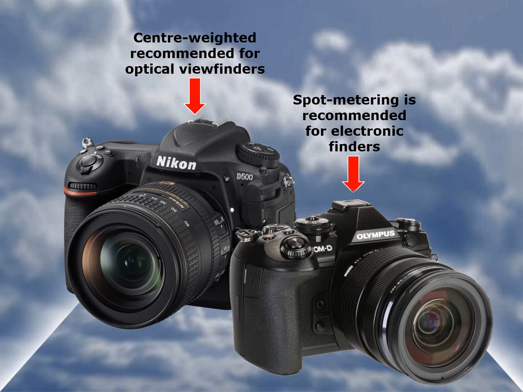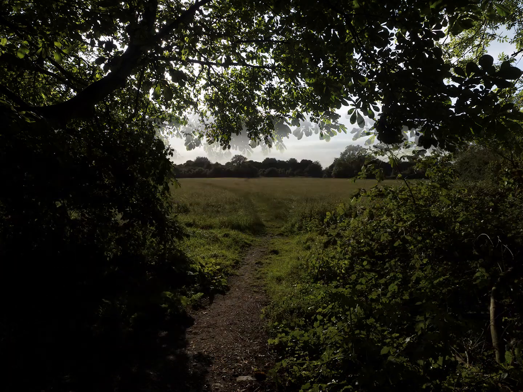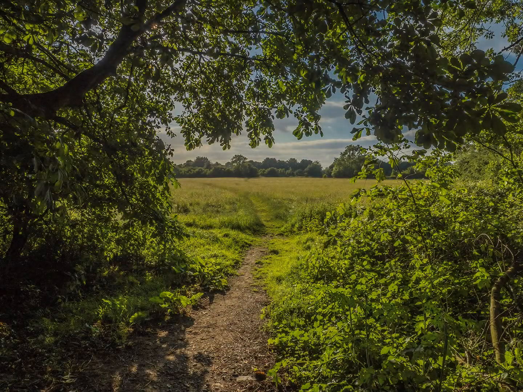However, electronic finders in CSC cameras give a computerized preview and show the differences in spot metering techniques before the shot is taken. However, many DSLR cameras have live view built into the review screen on the camera back plate and can be used in a similar way to an electronic finder.